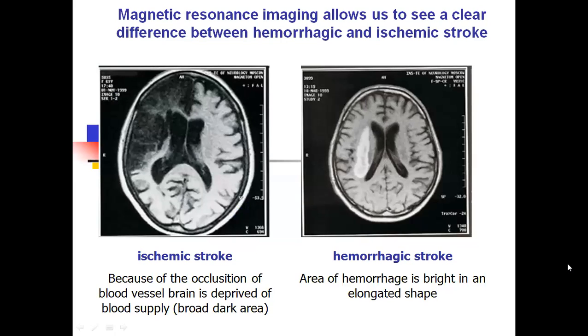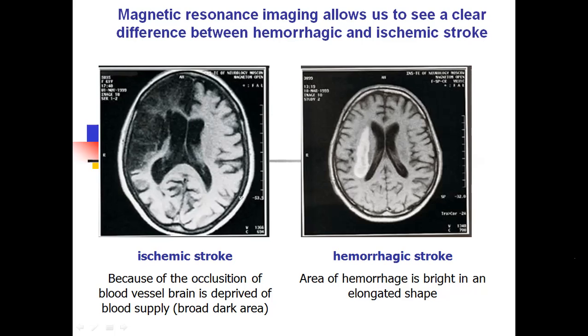Magnetic resonance imaging allows us to determine a clear difference between hemorrhagic and ischemic stroke. In cases of ischemia, because of the occlusion of a blood vessel, the brain is deprived of blood supply, and ischemia appears as a broad dark area.